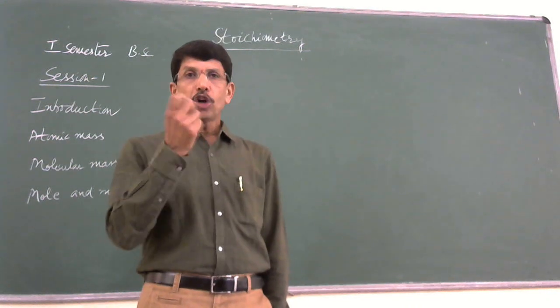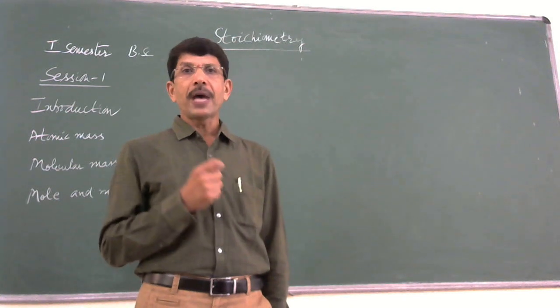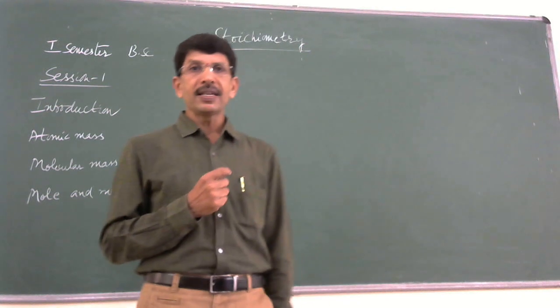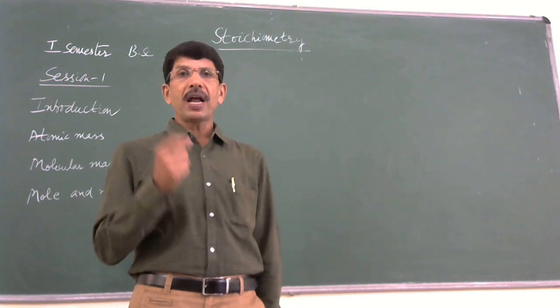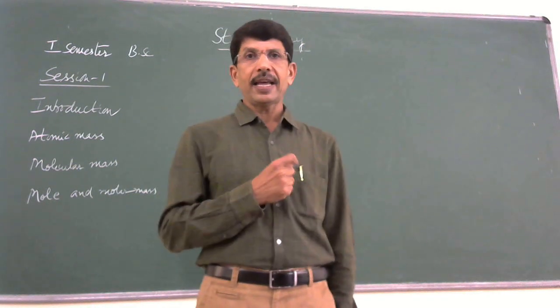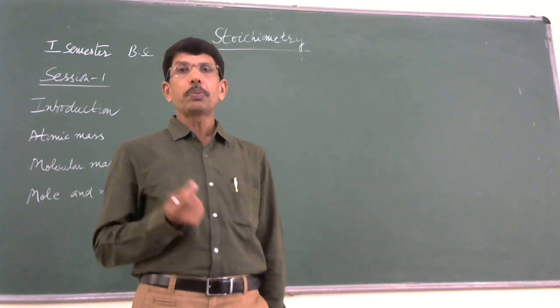So according to this law of conservation of mass, it is necessary to balance a chemical reaction. So what is balancing a chemical reaction? In the sense, the number of atoms of each element present on the reactant side should be equal to the number of atoms of that element on the product side.